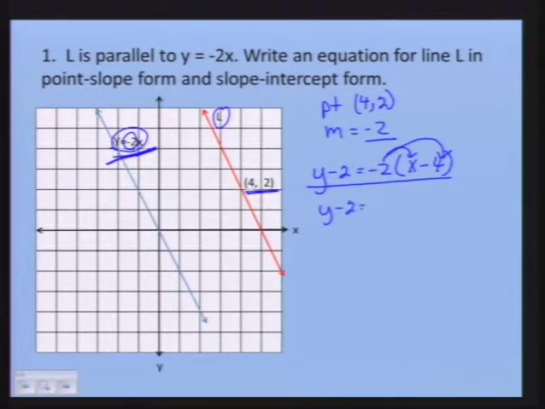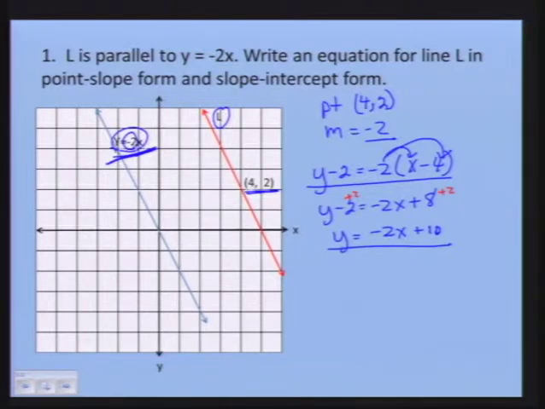So y minus 2 equals negative 2x plus 8. Then I will add 2 to both sides to get just y. So I have y equals negative 2x plus 10. And that is our slope-intercept form of this line.